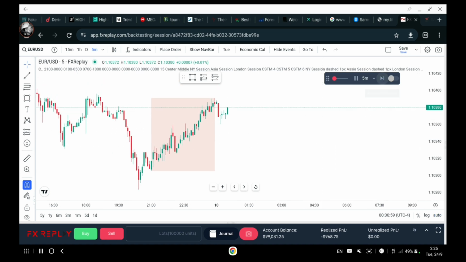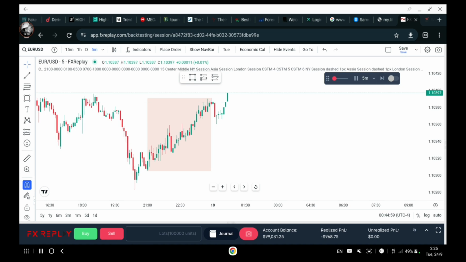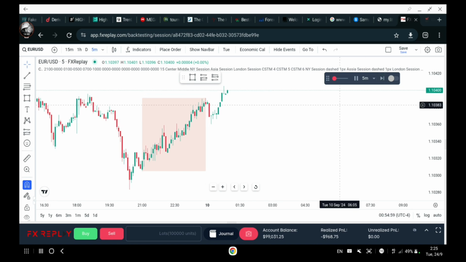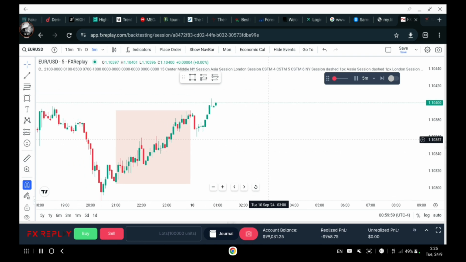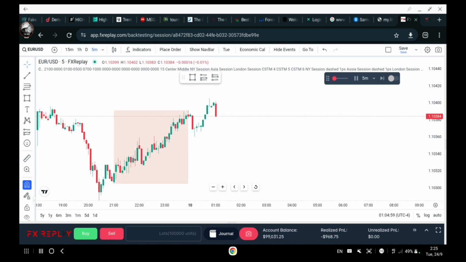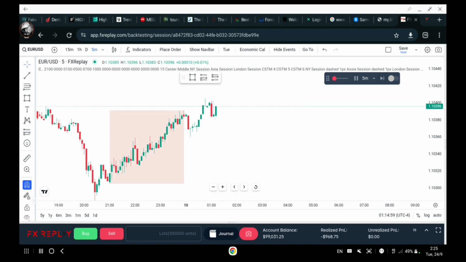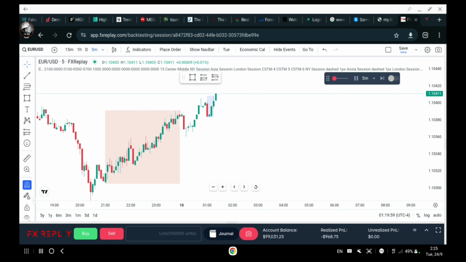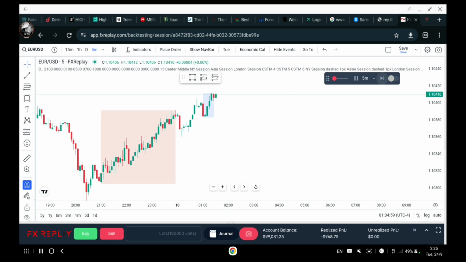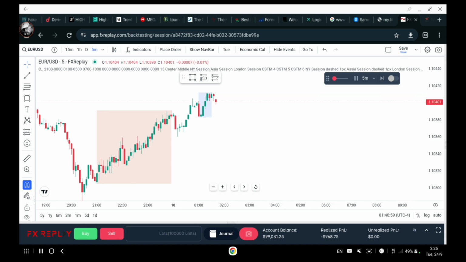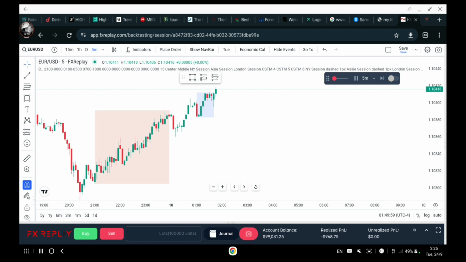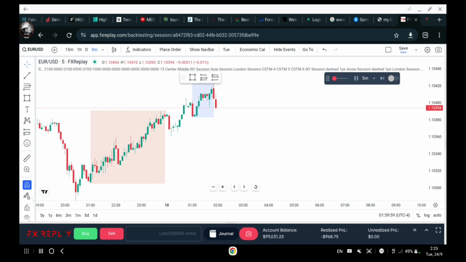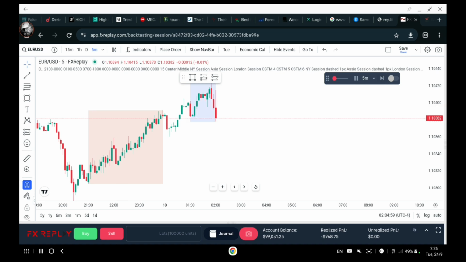So let's see, price is trapped within, and we sweep the high. This is not a valid fair value gap. This is a series of continuous fair value gaps showing bullish momentum. So let's wait and see.